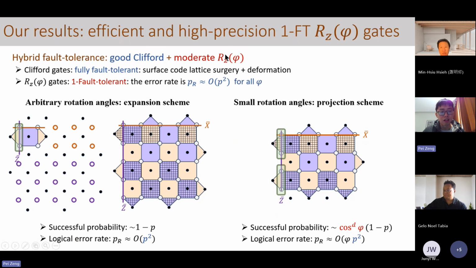I will mention later how we can construct a fault-tolerant rotation gate where you achieve an arbitrary rotation with an error rate of p squared, or for a small rotation, where the phi angle is smaller than 0.2 radian, a logical error rate of phi p squared, where phi is a small value. In this case, we can suppress the error rate to a very small number. So we propose two schemes to realize this rotation gate.